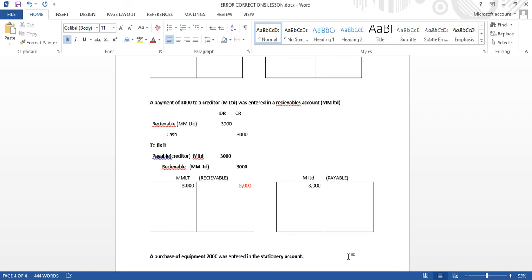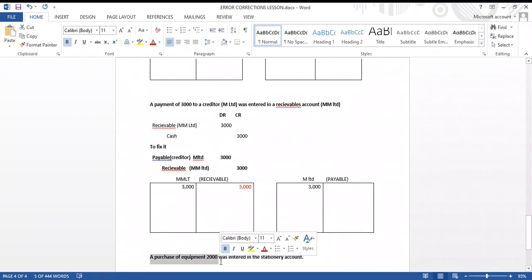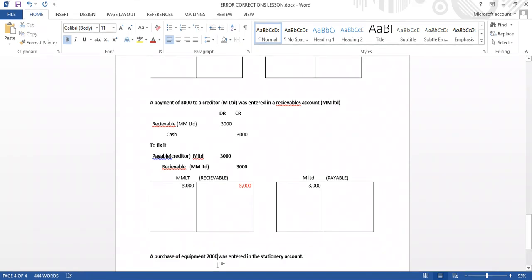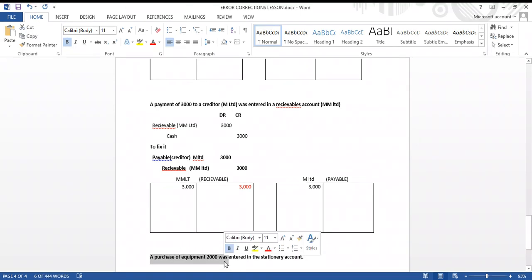Whenever we're purchasing equipment, what two accounts ideally are involved in this transaction, because here there was an error. Instead of entering in the equipment account, we put it in the stationary account.